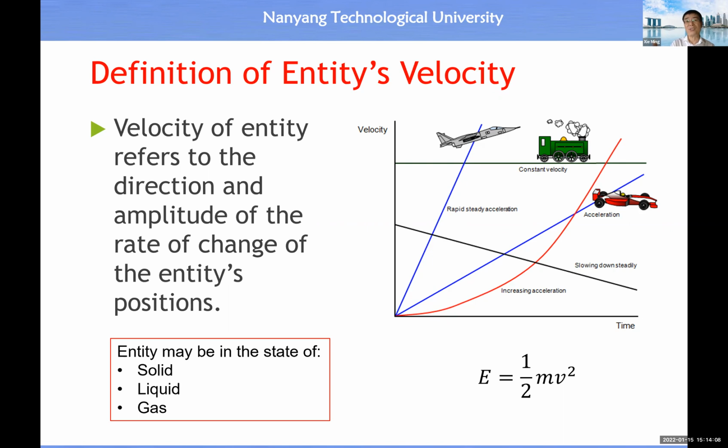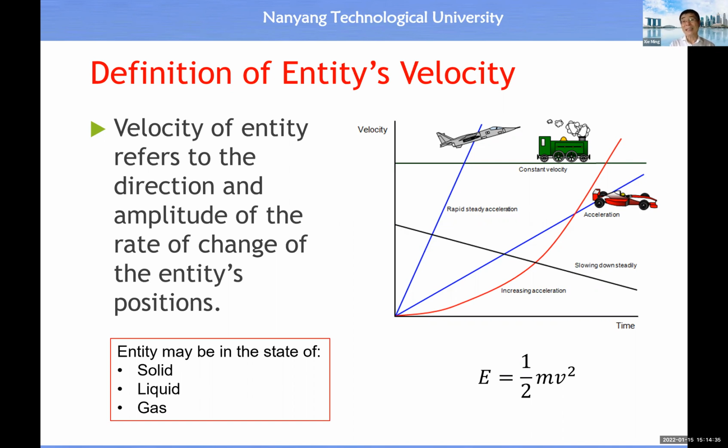By definition, an entity's velocity refers to the time rate of change of a position vector, right? Then we can draw the velocity-time diagram to understand different types of velocity. Let's say you may have a motion with a constant acceleration. Then in this case, the velocity increases linearly with respect to time.